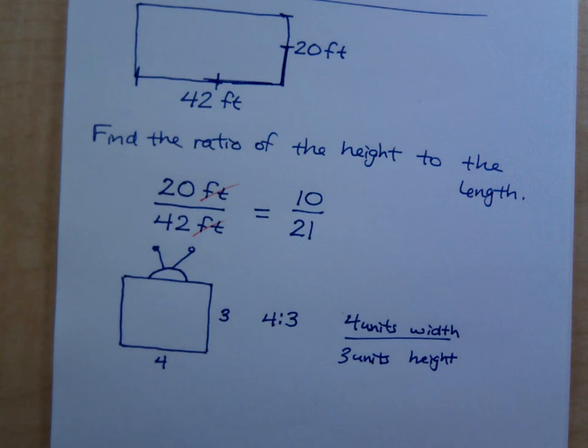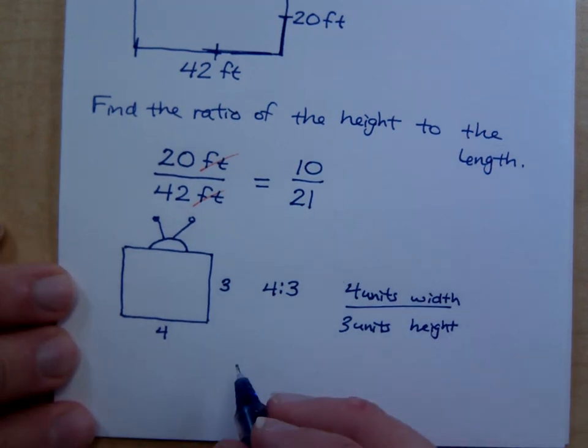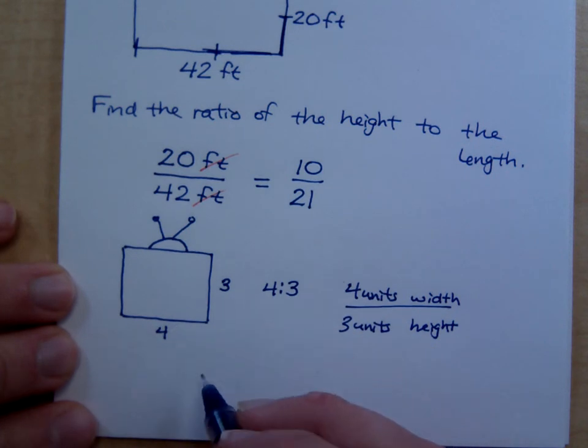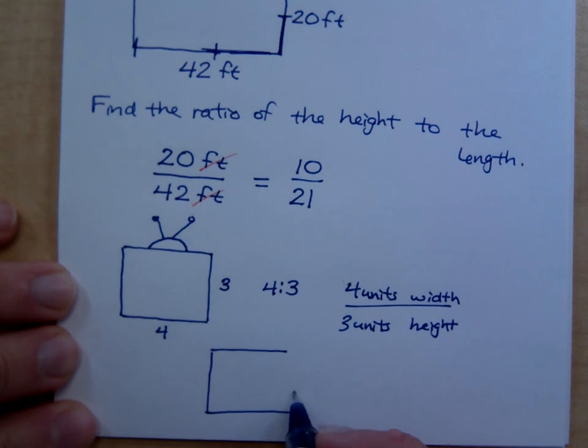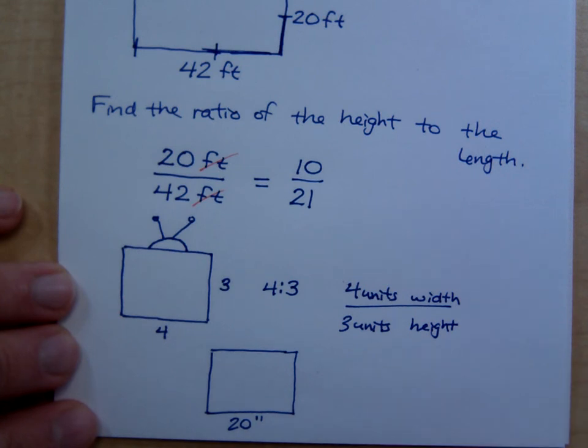So if, for example, and this is where we're going to be seeing things later on, what would the dimensions be for your old classic boxed set that would have been 20 inches wide? What would the height of the screen have been? If I'm saying that it's a 4 to 3 ratio, 4 is for the width, 3 is for the height.